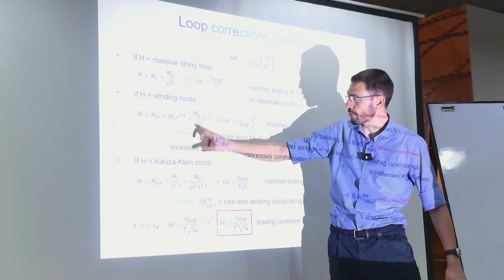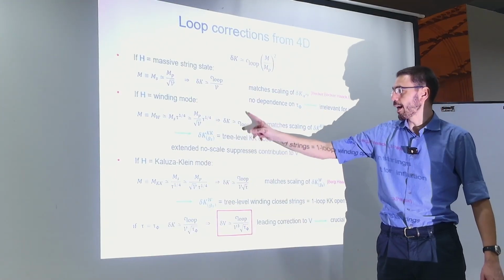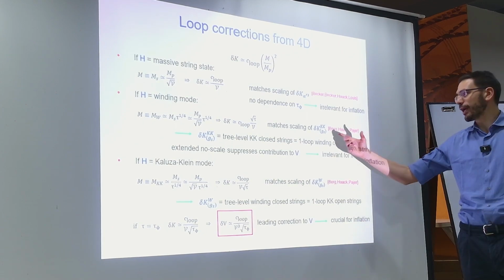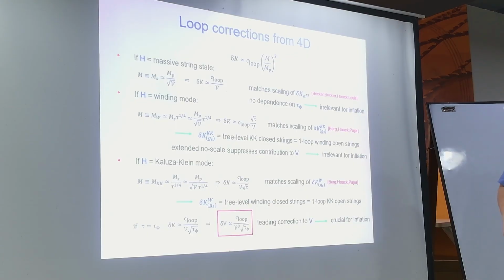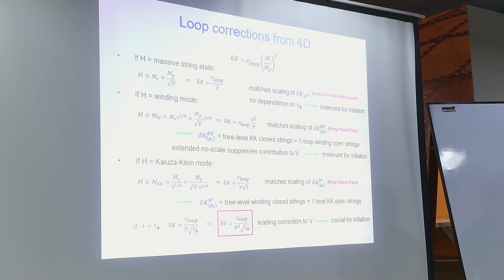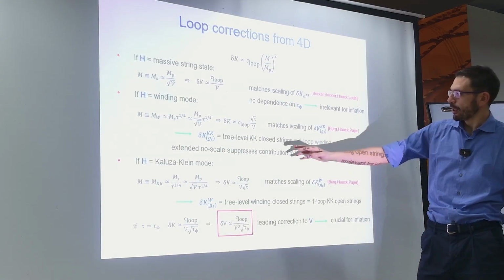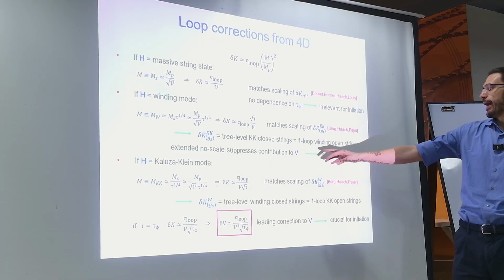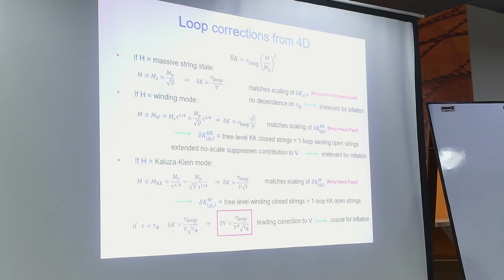You work out that this correction should go like square root of tau divided by the volume, and this matches exactly the scaling of the corrections that Berg, Haack and Pajer called KK, because from their point of view this was a tree-level exchange of Kaluza-Klein closed strings, which can be interpreted as one loop of winding strings.